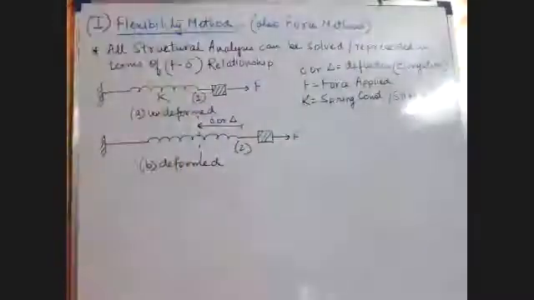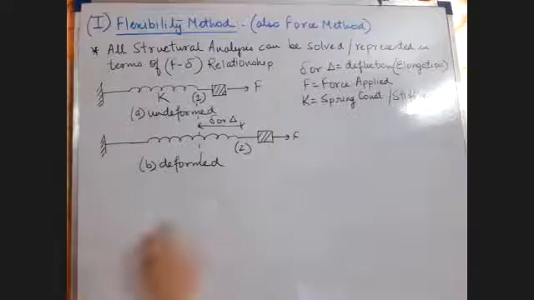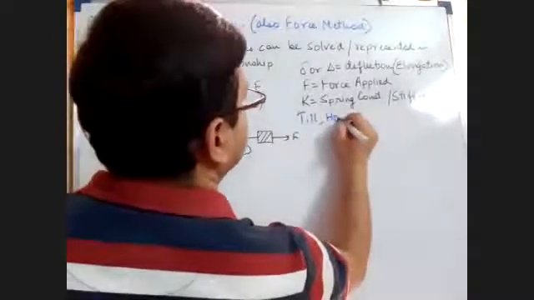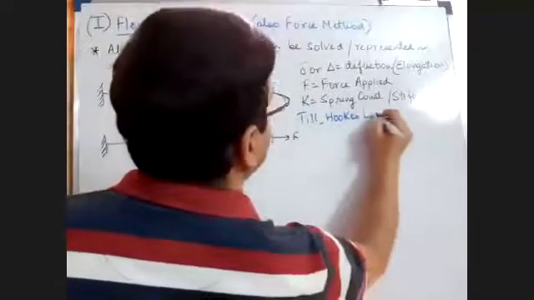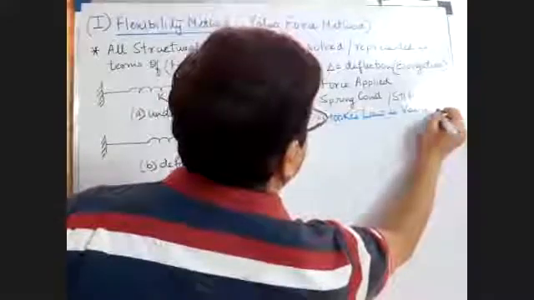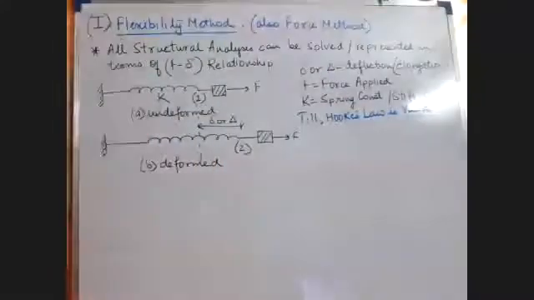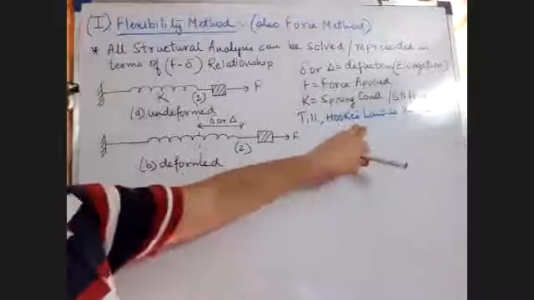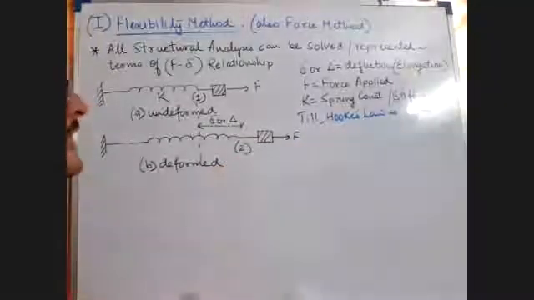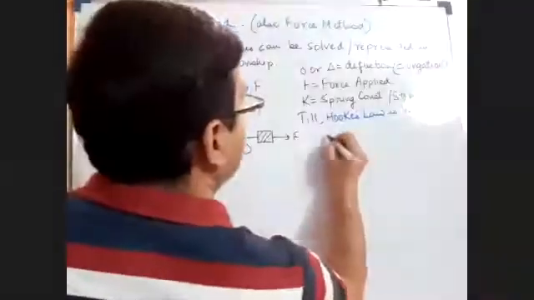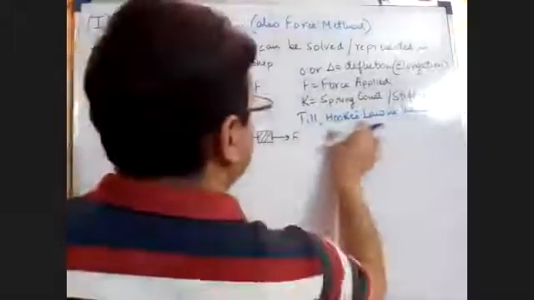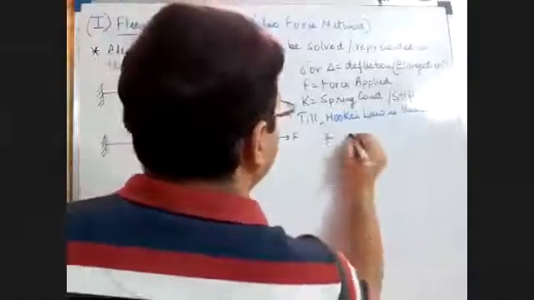From this relationship, till Hooke's law is valid, that means the linear behavior of stress and strain, F is directly proportional to delta.